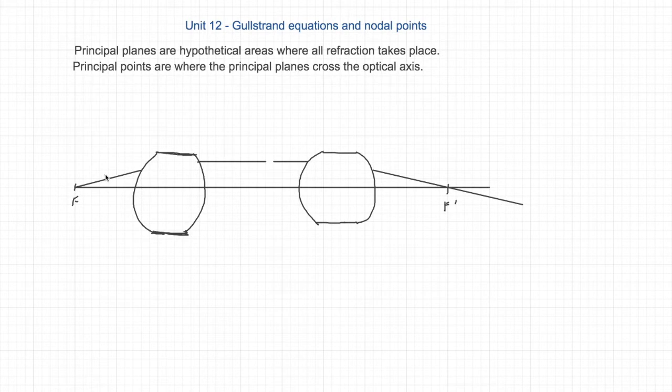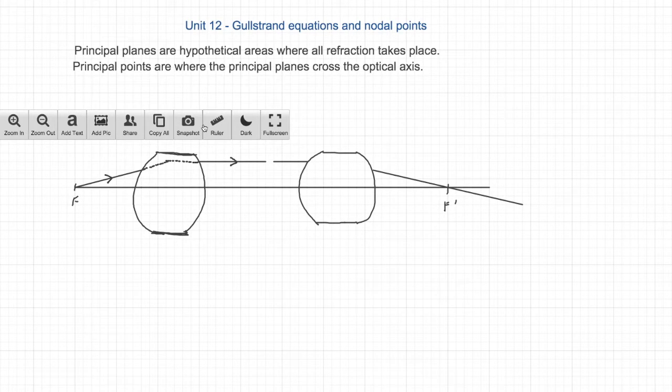So in our thick lens on the left here, we're sending in a ray from the primary focal point. It is refracted parallel to the optical axis. And if we extend forward the path of the incoming ray and extend back the path of the outgoing ray, where they meet is the primary principal plane.